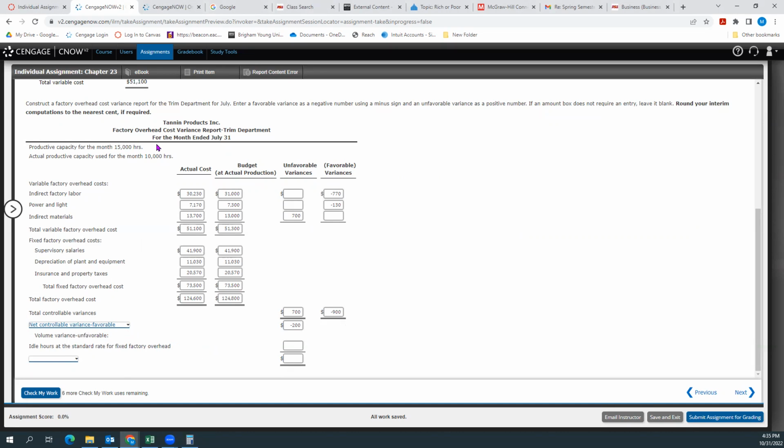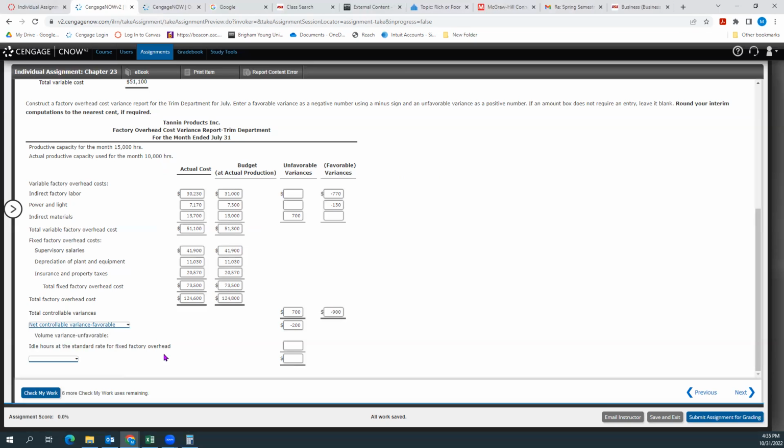We had a 15,000 hour capacity, but we had a 10,000 hour actual use. So we had 5,000 idle hours, which just means 5,000 hours where we weren't doing anything, but we still had to pay all those fixed costs. Our fixed costs didn't change, even though we could have used the factory 5,000 hours more. And if we had actually done that, it would have been a much more efficient thing.